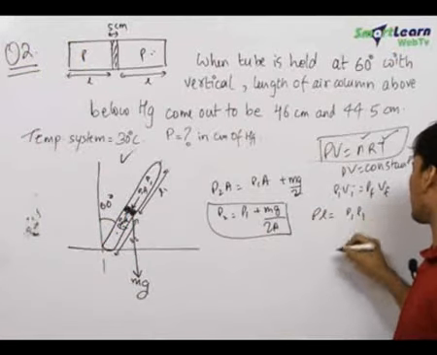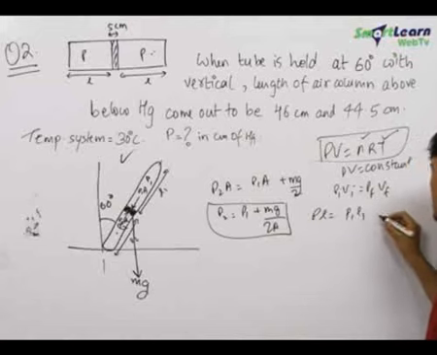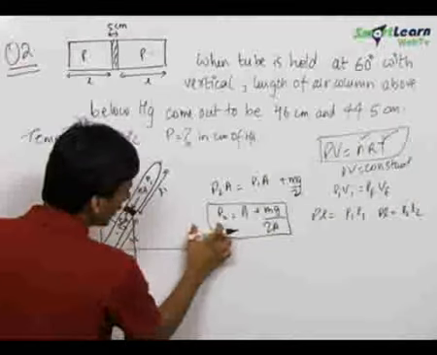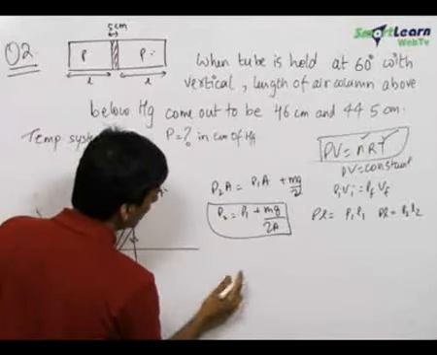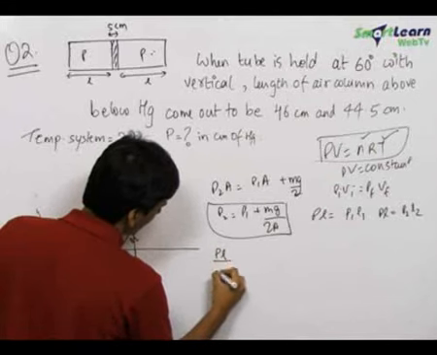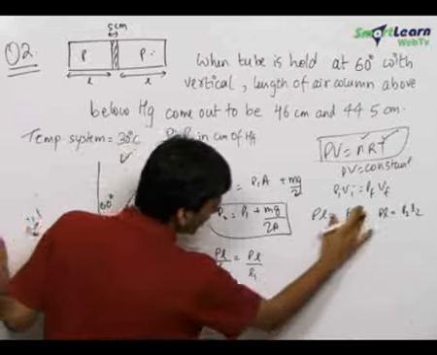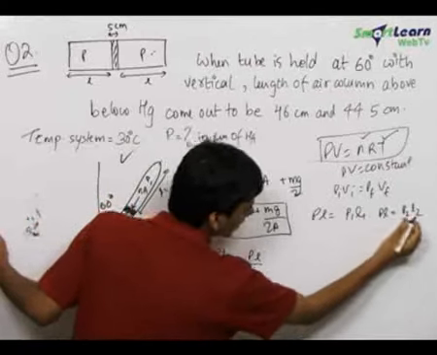Therefore applying this for this column of gas, we get P into L is equal to P1 into L1, the area of cross section gets cancelled. Similarly, we can write P into L is equal to P2 into L2. Therefore, P2 over here can be written as P into L upon L2, and P1 is equal to P into L upon L1. This is L1, this is P1, this is P2, this is L2.